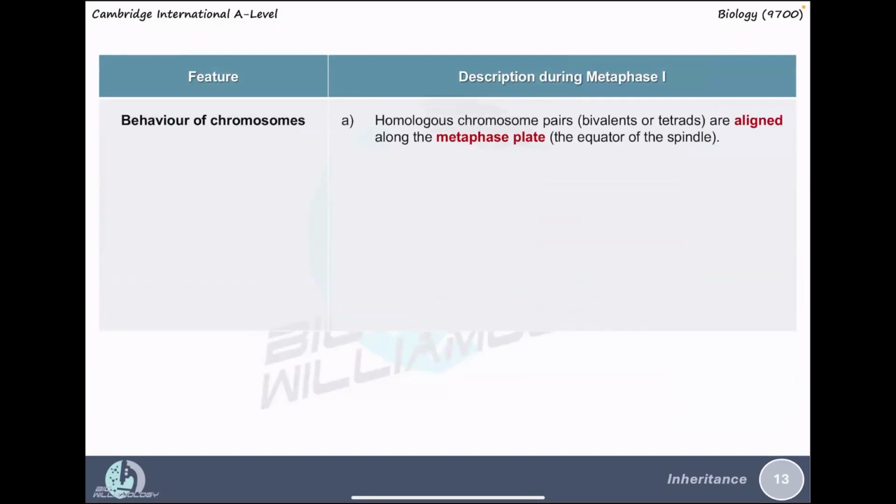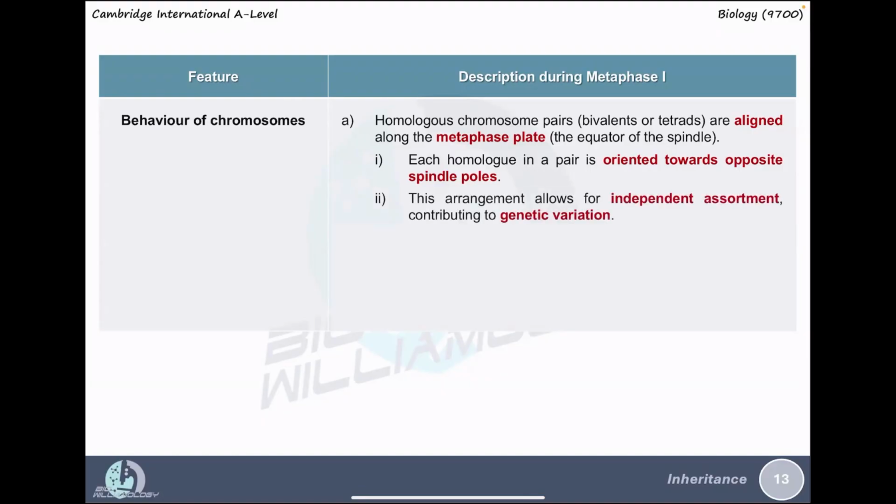First of all, homologous chromosome pairs are aligned along the metaphase plate, which is also known as the equator of the spindle. Each homologue in a pair is oriented toward the opposite spindle pole, and this arrangement allows for independent assortment, contributing to genetic variation.